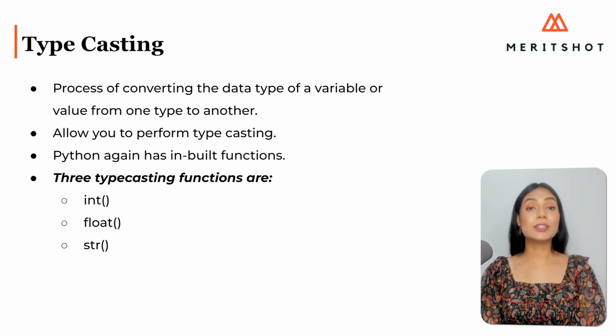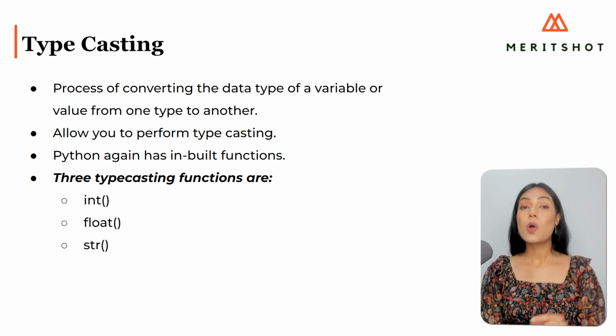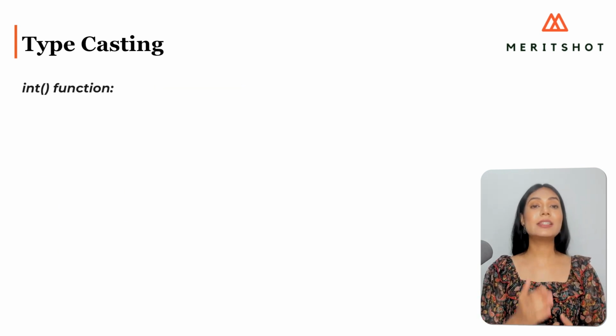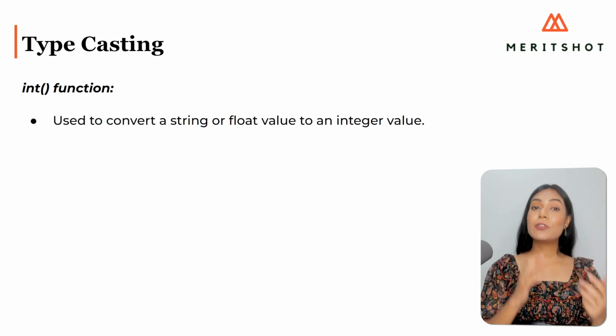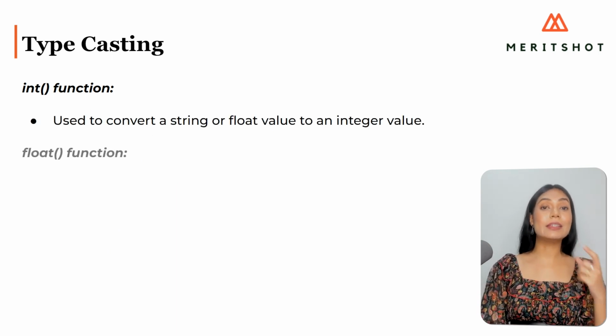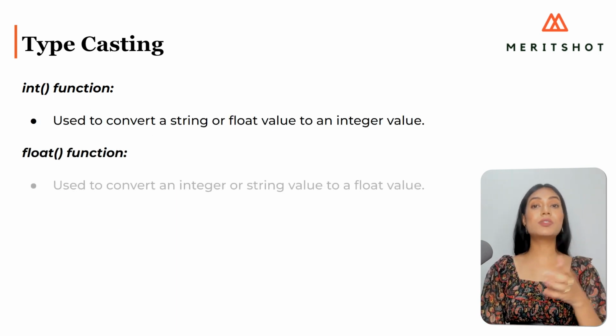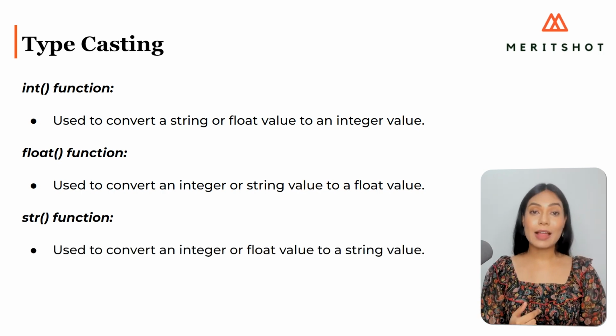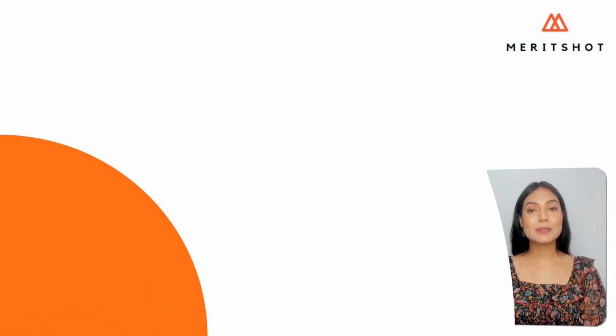Int function is used to convert a string or float value to an integer value. Float function converts an integer or string value to a float value. String function converts an integer or float value to a string value. Let's see some examples.